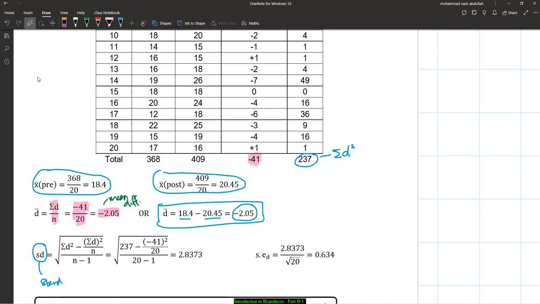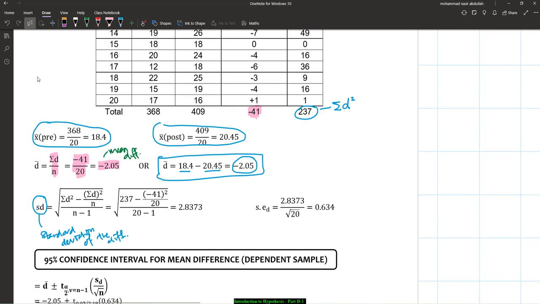Standard deviation of the difference, right? So the standard deviation of the difference uses the same formula as the standard deviation, but we only change the summation of x squared to become the summation of d squared.